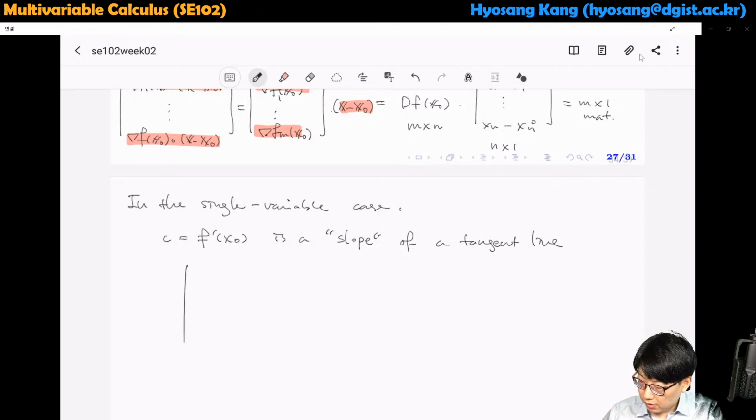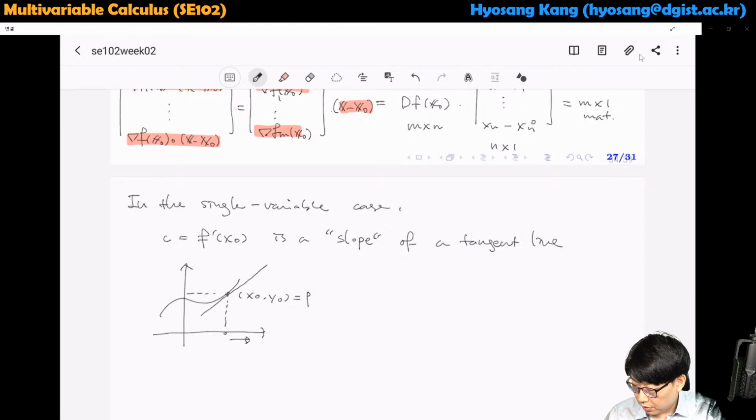But what slope really means in principle is this: suppose you have a tangent line here, and you have a point x0, y0. If you move your point from x0, y0 in the x direction with velocity vx, then your point on the graph also moves along the y direction.